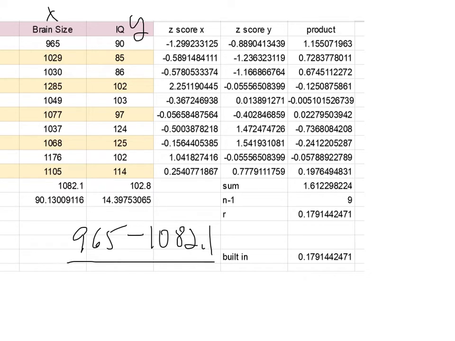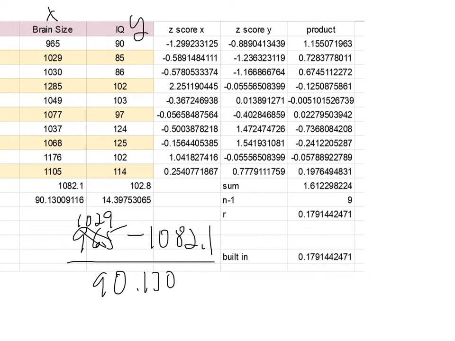Get that answer, then divide that by 90.130, however many decimal places I want. Once I do that, that's where I got the negative 1.29-ish. Then the next step, you do that again. Instead of the 965, I'm going to use the 1029.